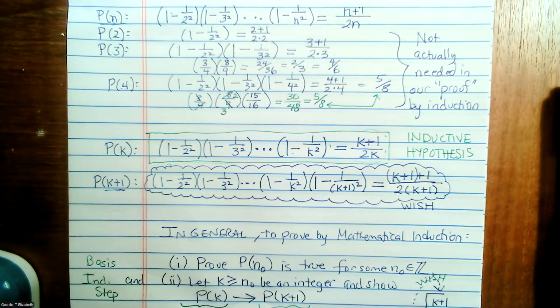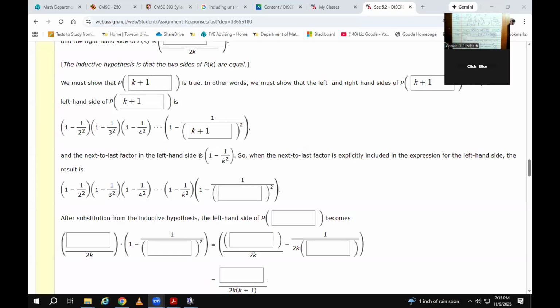All right, so it says the next to last factor in the left-hand side is, in fact, that 1 minus 1 over k squared, which we just looked at, right? So now you read. What does it say next?